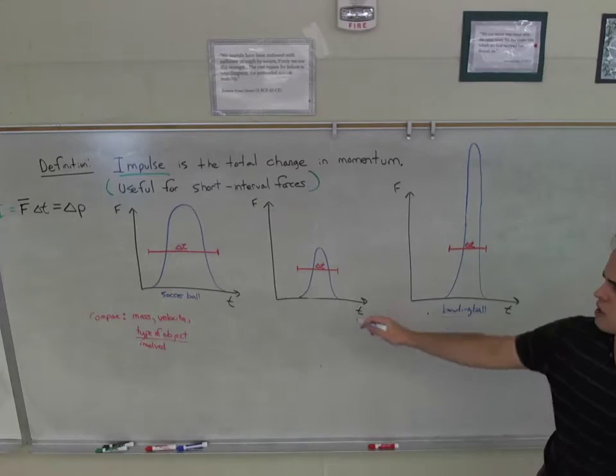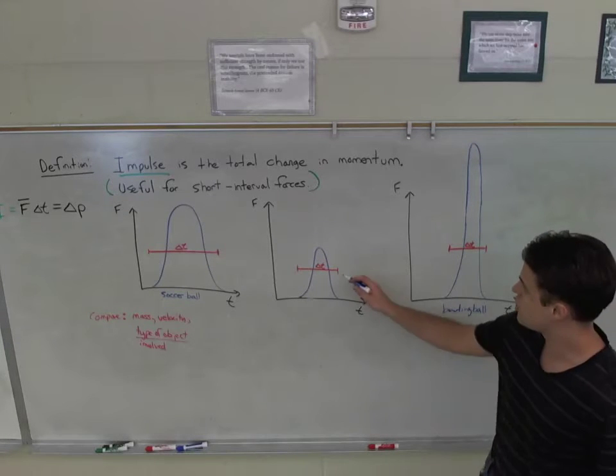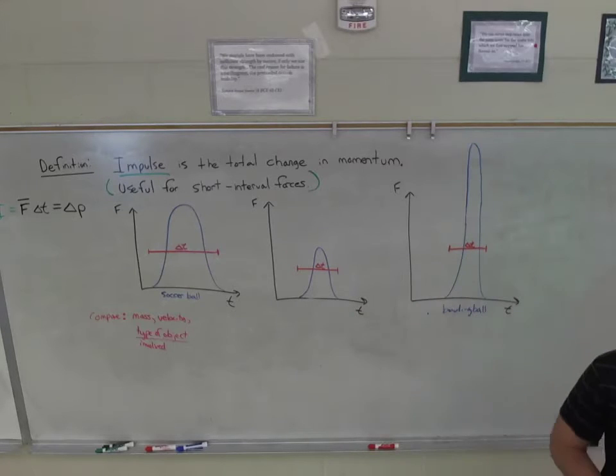So then what might this be if we're thinking about dropping another kind of ball? A tennis ball. It has a time interval that's in between those two. I agree, that might be it. And what else would be true about a tennis ball? It's going to have less mass and velocity.